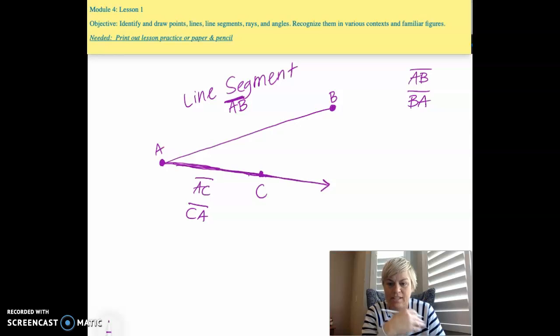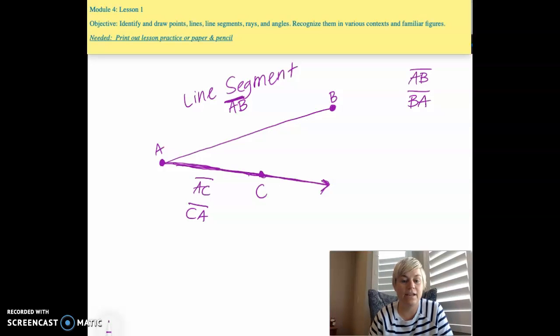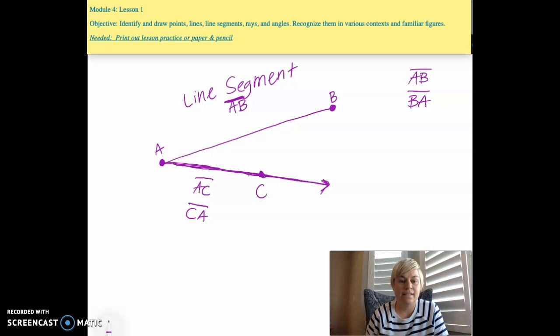Which means we have line segment AC or CA, and then we know that C continues on. Since C continues on, it is not just a line segment anymore. From A to C, it is a segment. From C on, that is something else because it starts with a point and an exact location, and it doesn't end because it has an arrow.